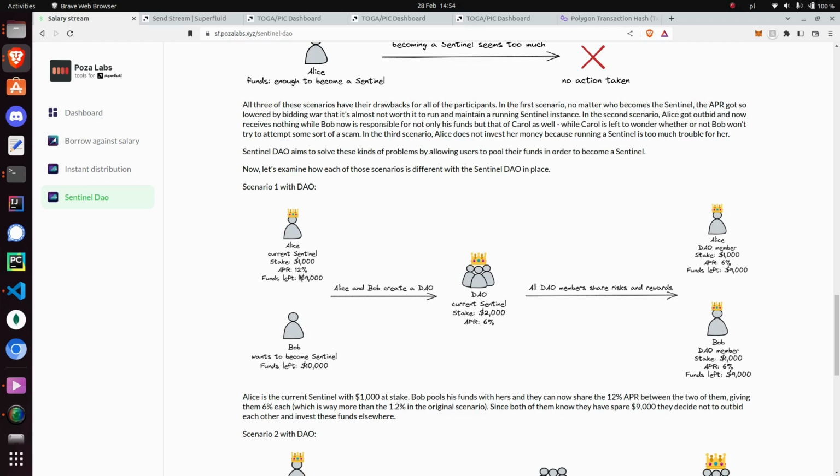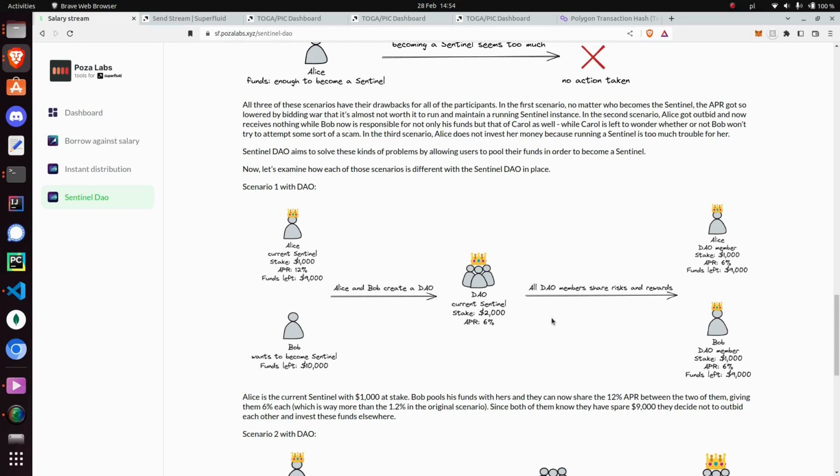bidding for anymore, and invest all of our money into this, or we could create a DAO where each of us gives the funds that they're fine with, for example, $1,000 each, and we share the APR. And while the APR is lower for Alice, that's true, it isn't as low as if she were to go into this bidding war against Bob.